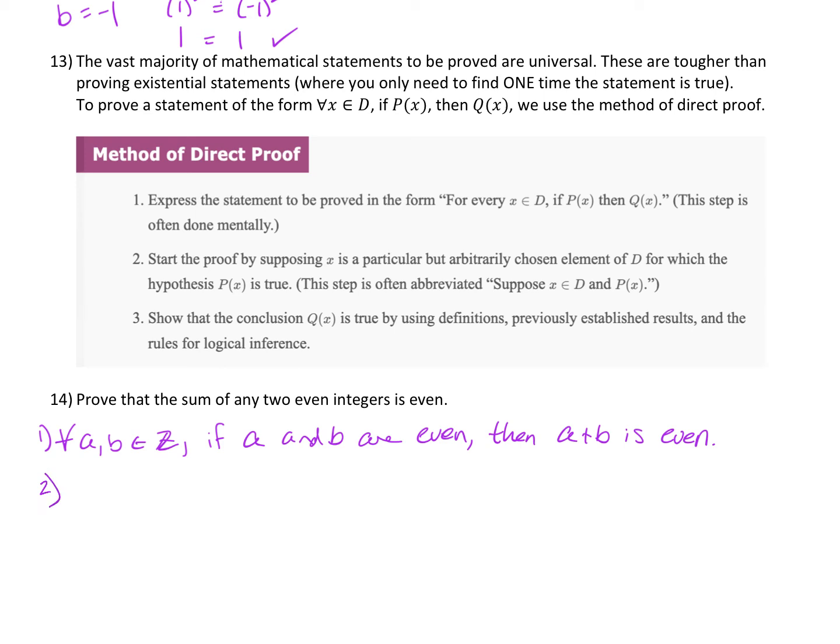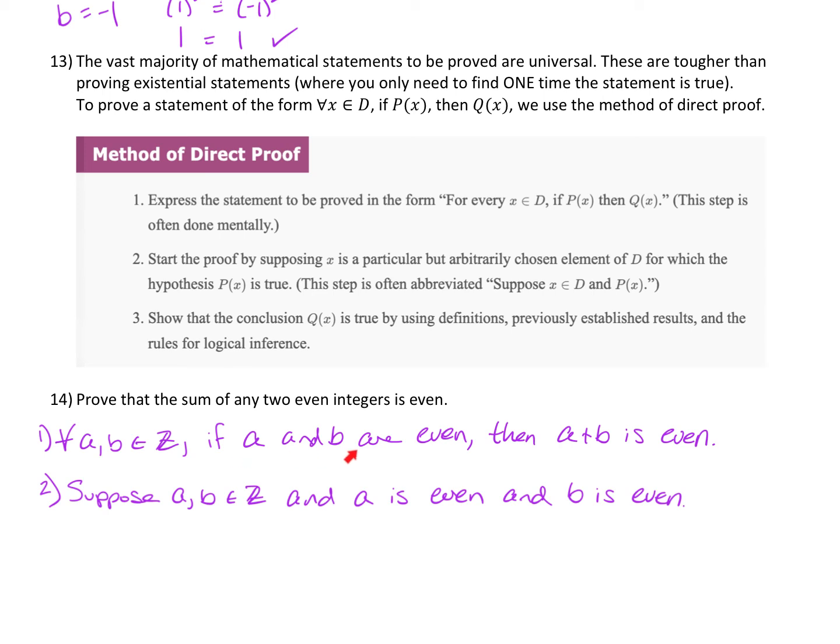So we are going to suppose a and b are elements of the integers, and a is even and b is even. So you suppose that the if part of your statement is true.